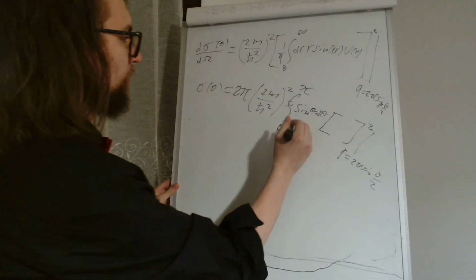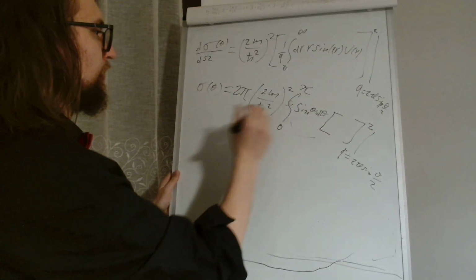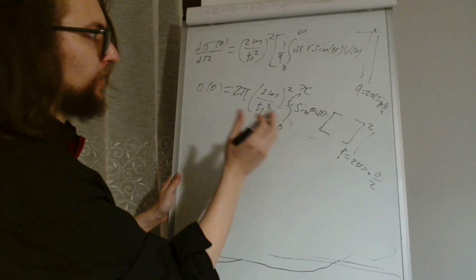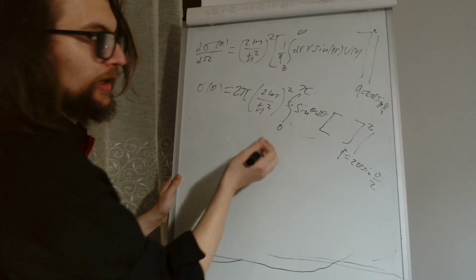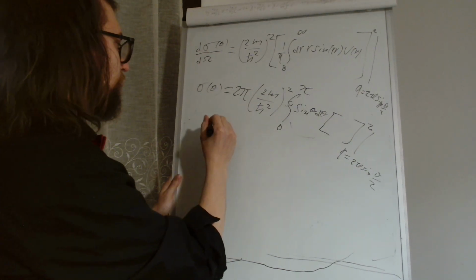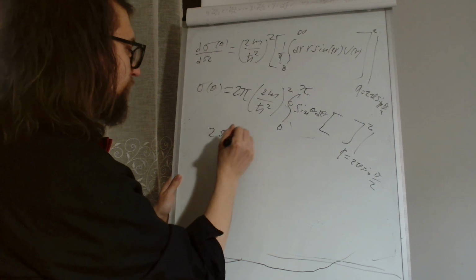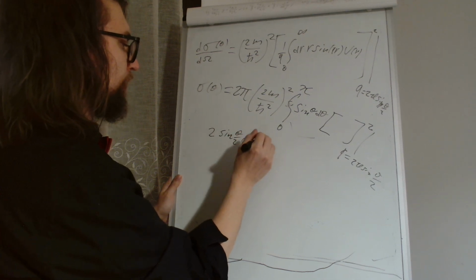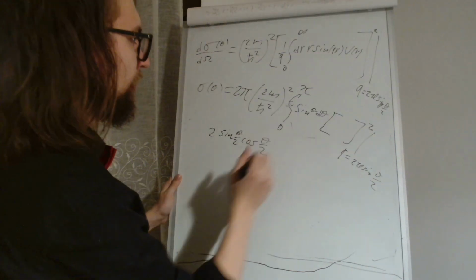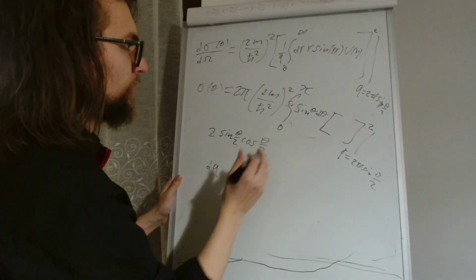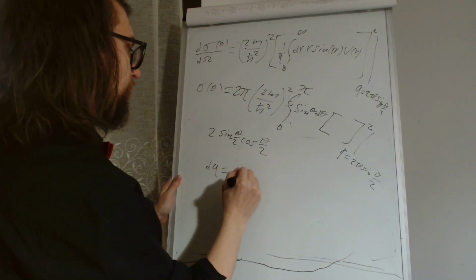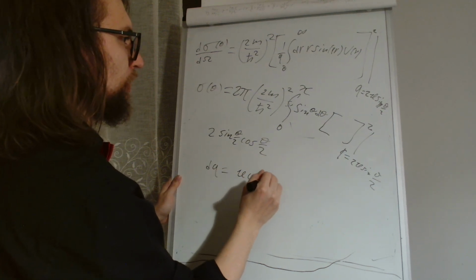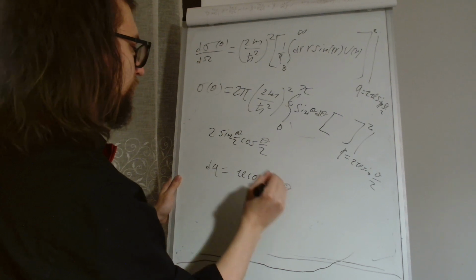So first we write sine of theta in terms of theta divided by 2, so this is like sine of 2 theta half, so it is 2 sine of theta half cosine of theta half, and then we see that the differential dq is k cosine of theta half d theta.